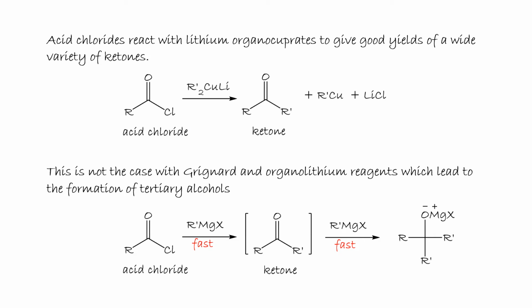To get ketone, acid chloride reacts with lithium organocuprate, Gilman reagent, to give a good yield of a variety of ketones. So acid chloride with R2CuLi, you get ketones.